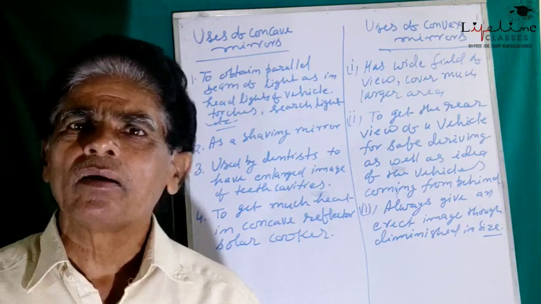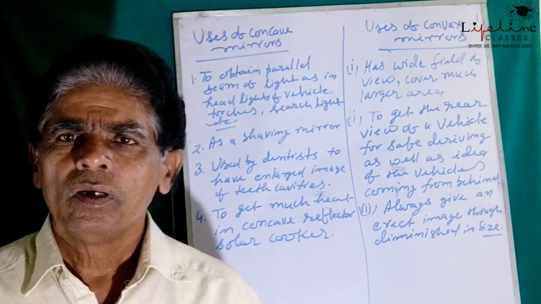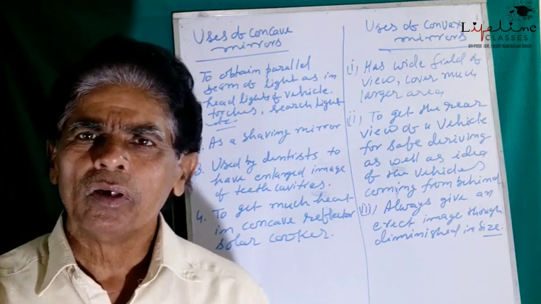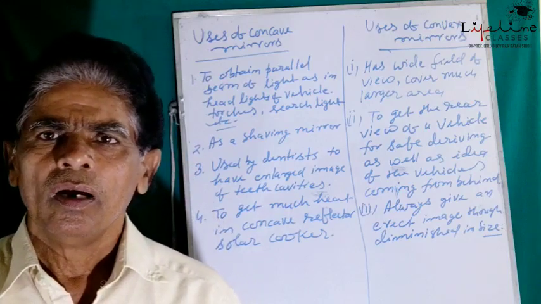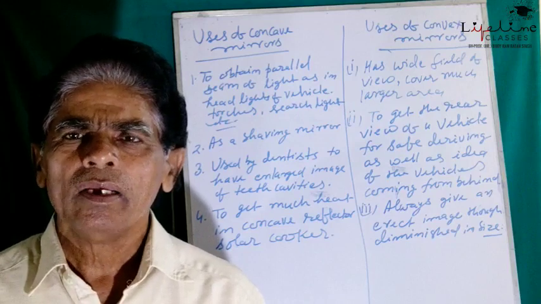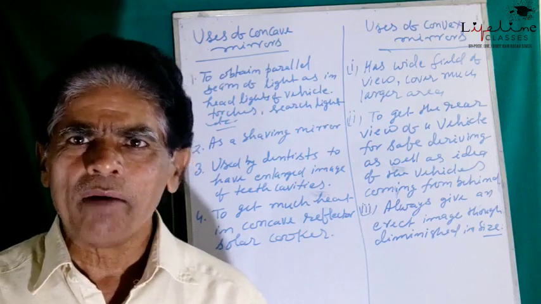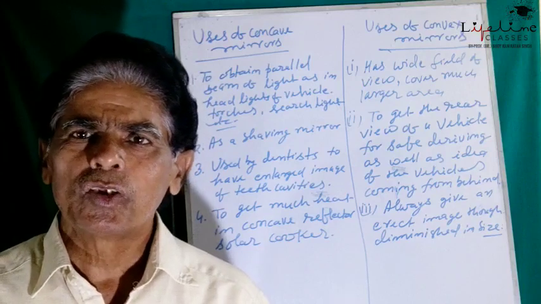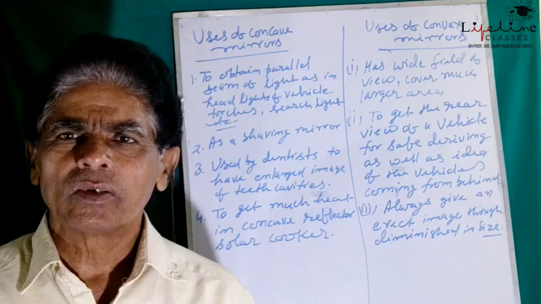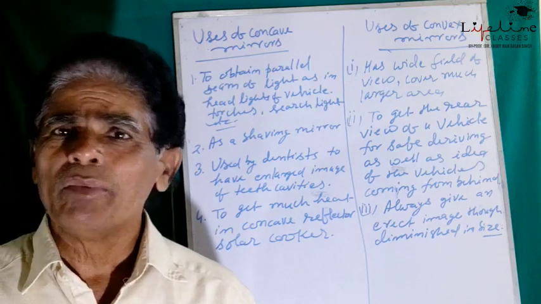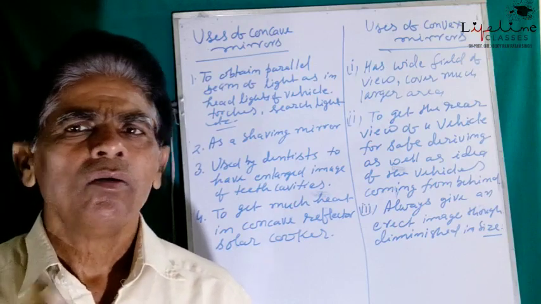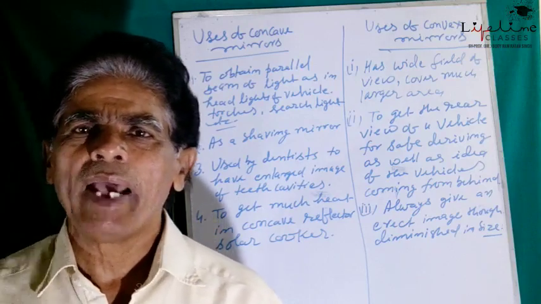Their size remains constant, means whatever be the size of the image, it doesn't vary with variation in the distance of the object from the vehicle. That is why safe driving is ensured in this case, because we always get the erect image of the person, things or the vehicles coming from the back side.